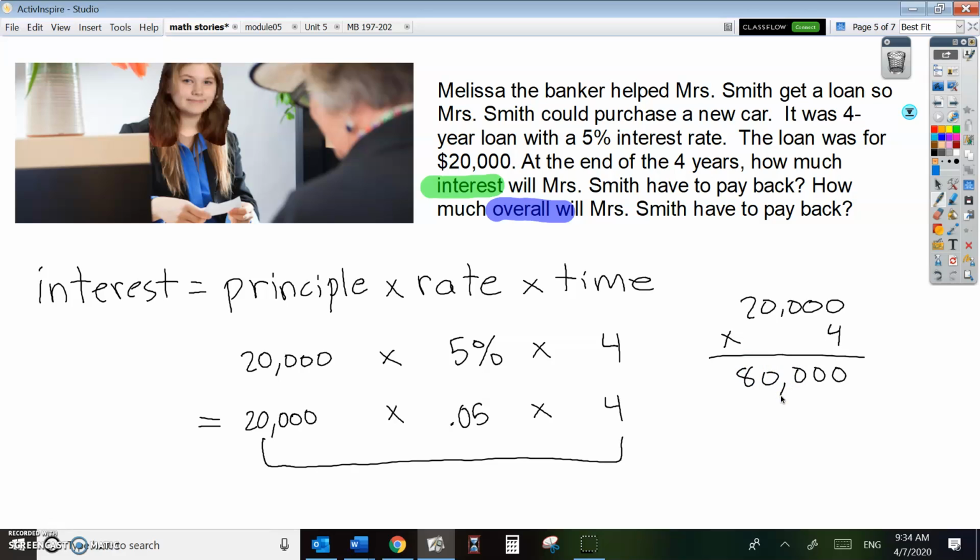And now let's do 80,000 times 0.05. Looks like 4 zeros, and a 40 with 2 decimal digits. So there's $4,000. So she owes $4,000 of interest. So that's our answer to the first question.